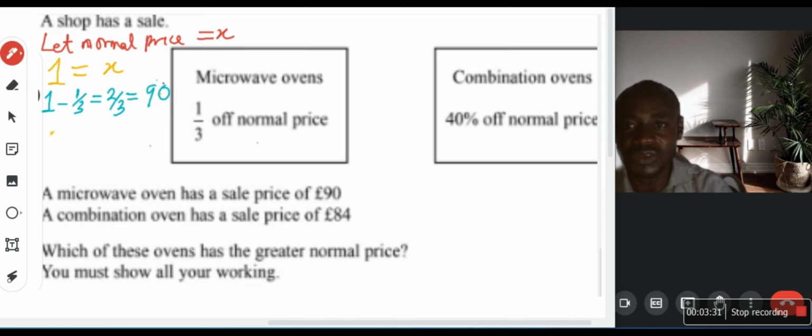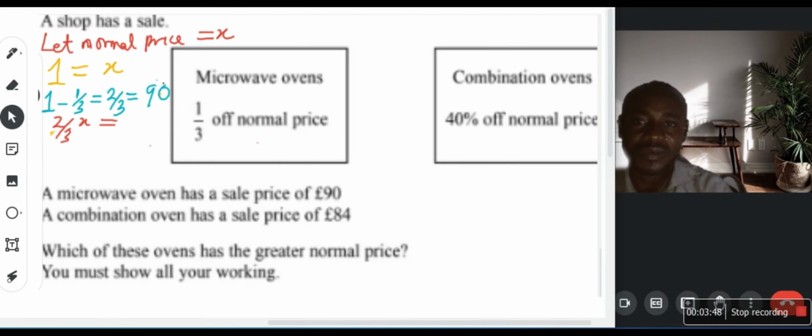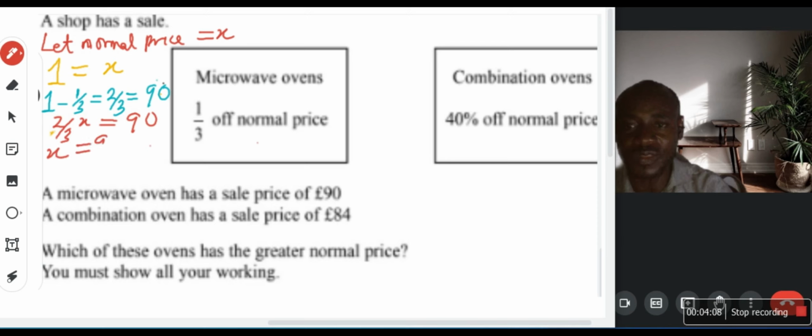So I'm going to write 2/3X is equal to, just a moment, 2/3X, that's 2/3 times X, this time this equal to this time this. That will give us 90 times 1, which is 90. So to find X, we divide both sides by 2/3. This is like saying X is equal to 90 divided by 2/3.